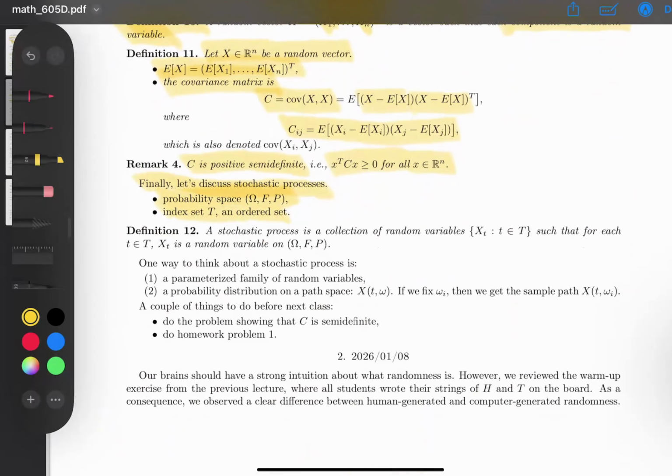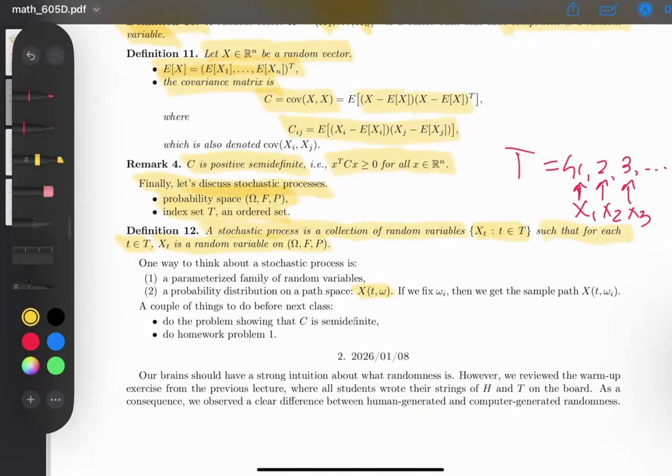Then we say that a stochastic process is a collection of random variables, which we index by our time. So if T, for example, equals 1, 2, 3, and so on, then for each of these we assign a random variable: x1 at time 1, then x2, then x3. So in other words, for each time t, x of t is a random variable on our probability space.